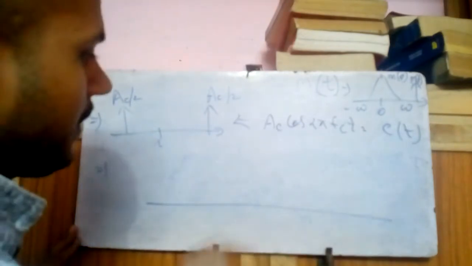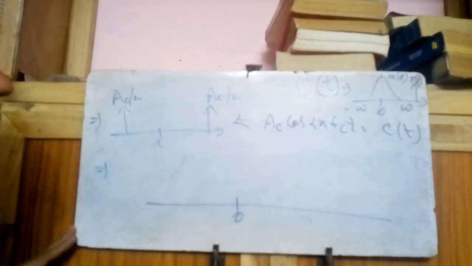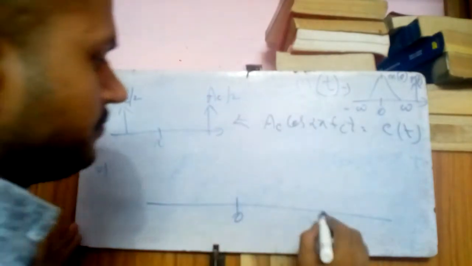Then the spectrum of the amplitude modulated signal; this is m(t), this is c(t).